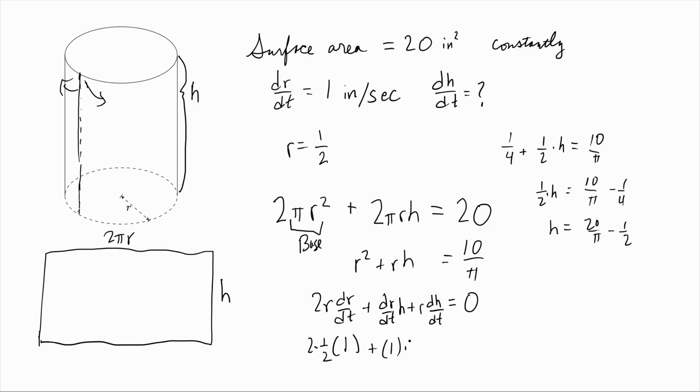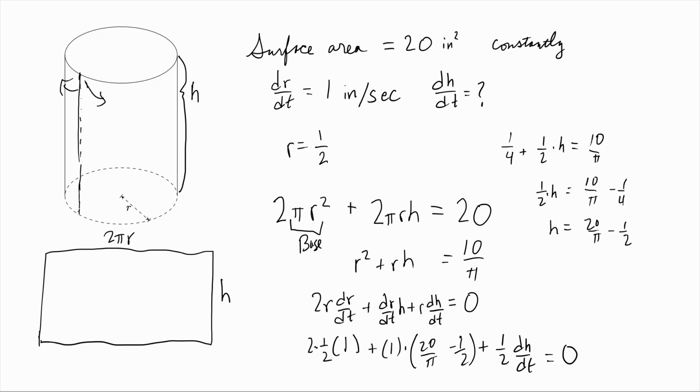All right, so we can have 20 over pi minus a half, and then plus, at this moment we know that r is a half. So we put a half times dh/dt, which is the unknown. Now the derivative of this side was a constant 0.